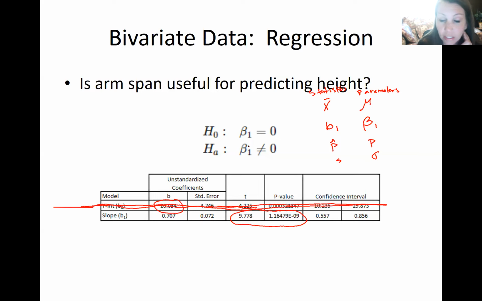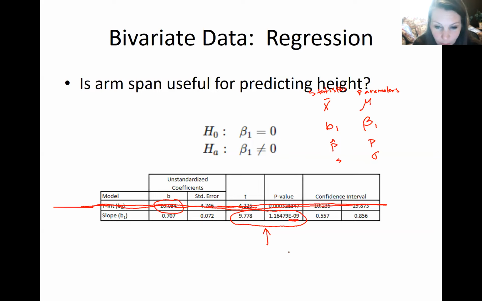So when you're looking for a test statistic and a p-value, it's always going to be about the slope. So this is the one that you want to take. So your test statistic would be that 9.778, and the p-value is essentially 0. It's a super duper small decimal value.